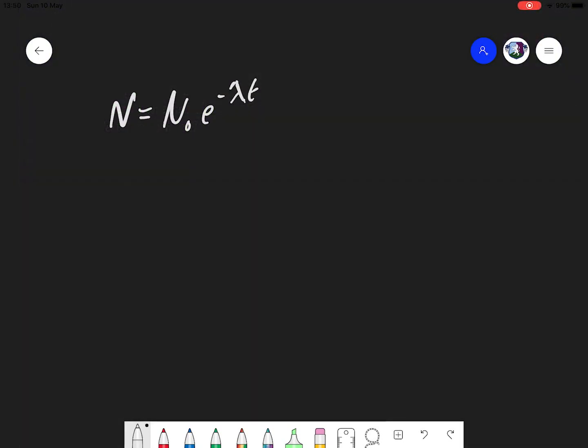Now, to look at these in terms of the mathematics behind them, we have a few tricks we have to learn here. Some of you may have covered this in maths, others not. So this structure of the equation introduces us to e to the power of minus lambda t.